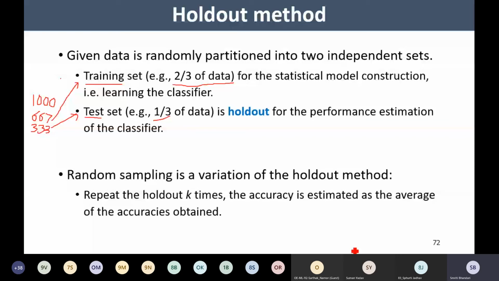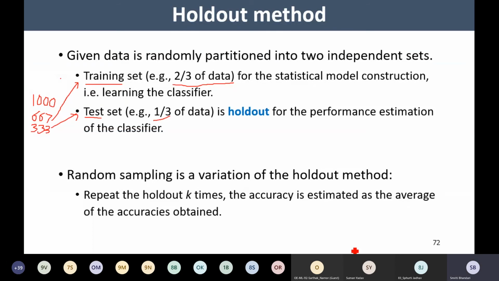Why? Because I have experimented with only one set of training and test. One set of experiment only. And that is why, in this holdout method, whatever my partitioning of the data into training and test, it may happen sometimes that the partitioning is not the ideal partitioning.